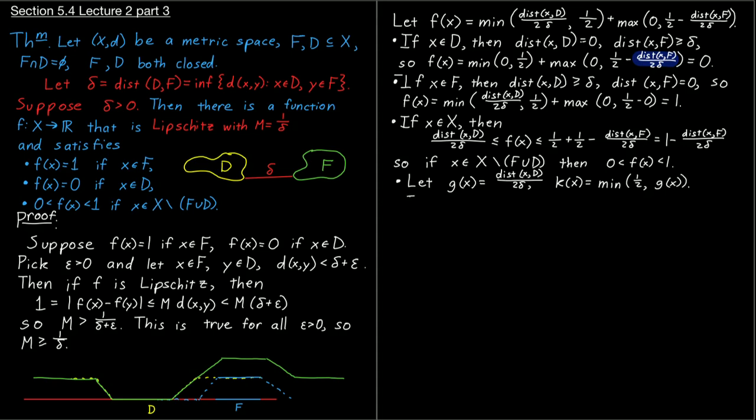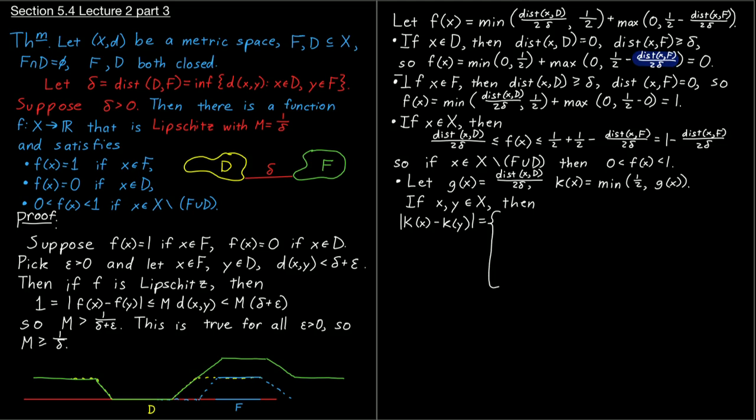And then if x and y are in x, then k of x, which is, remember, a piece of our f of x, we take k of x minus k of y. Let's take some absolute values, and we're going to have, as it happens, 4 cases.